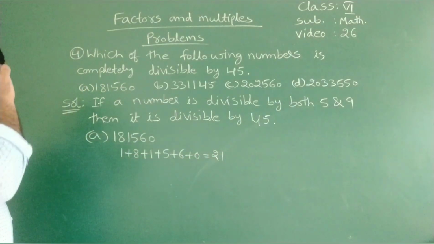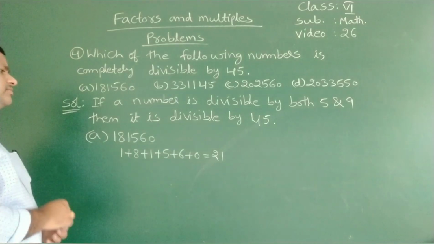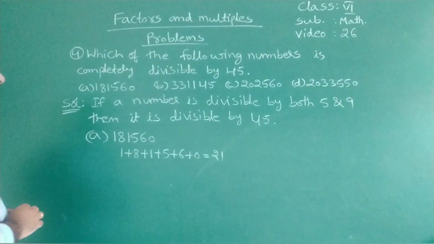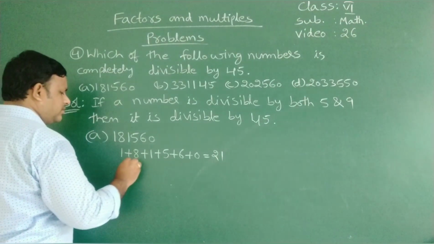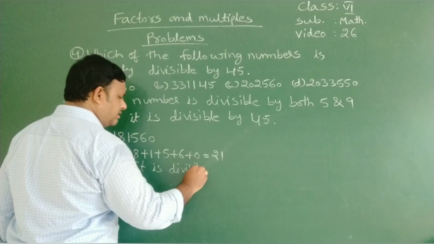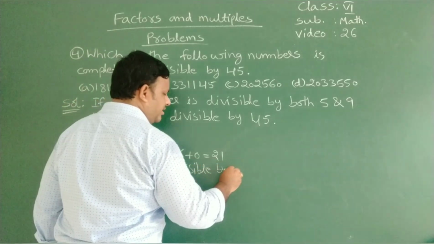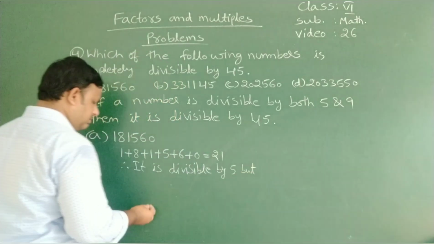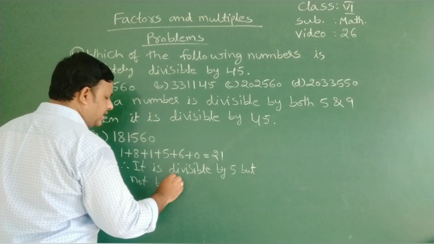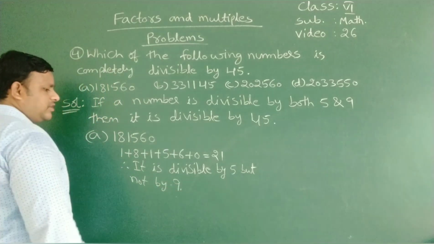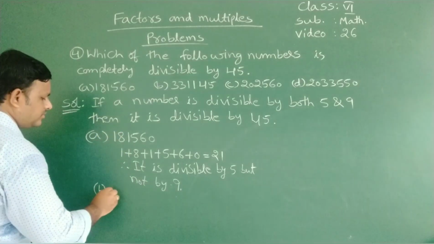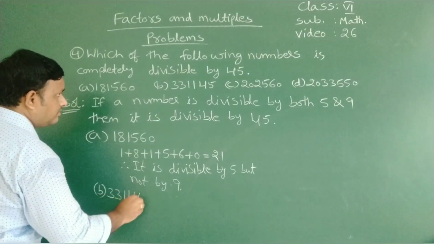Understood? So it is divisible by 5 but not by 9, isn't it?